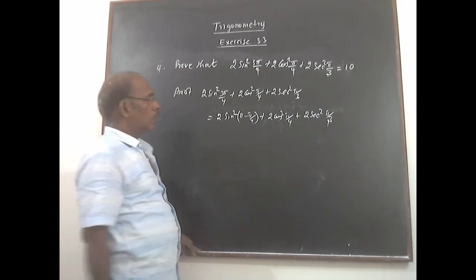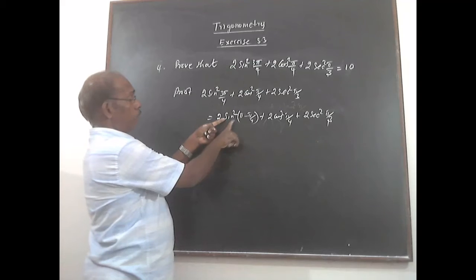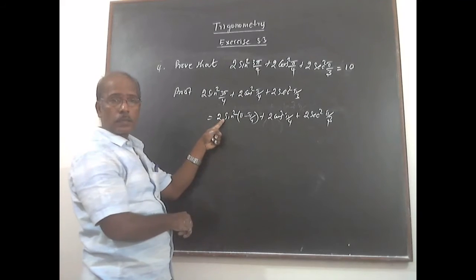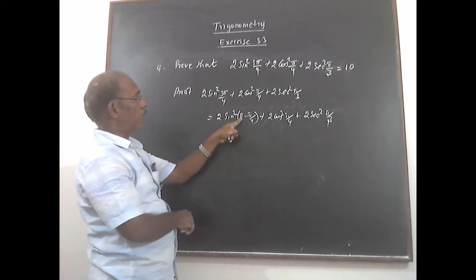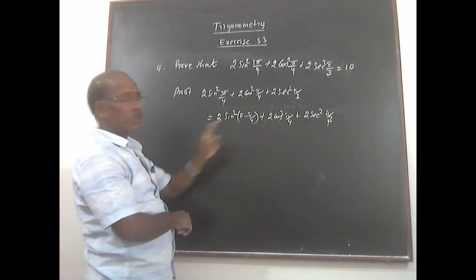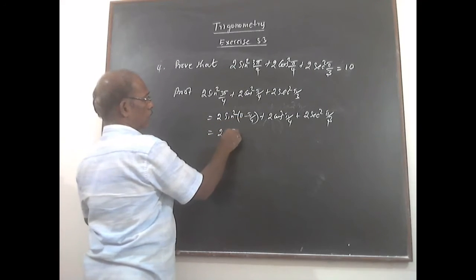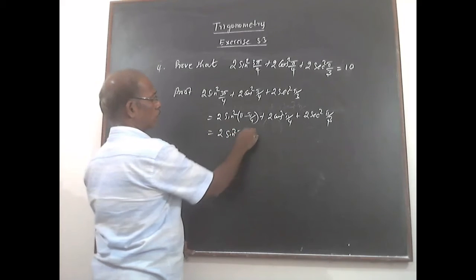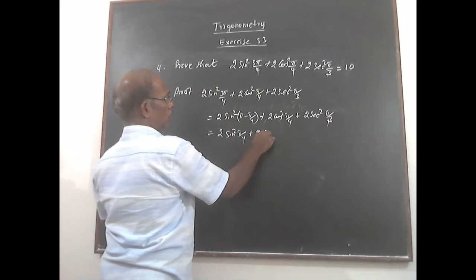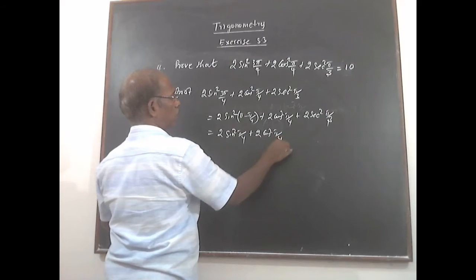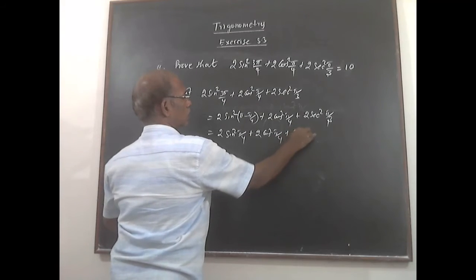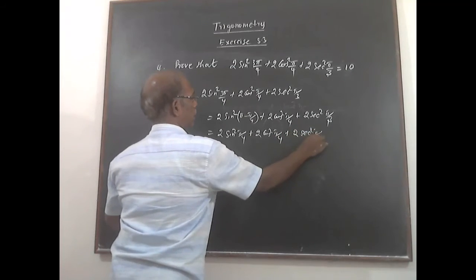Then sine of 180 minus theta is in the second quadrant, allied angle pi, so sine only. So 2 sine square pi by 4 plus 2 cos square pi by 4 plus 2 secant square pi by 3.